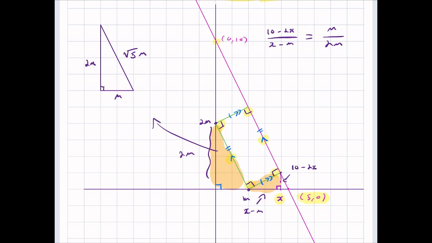Because of the similarity between those triangles. And then you can multiply through, you get a quadratic in m, you can solve it that way.